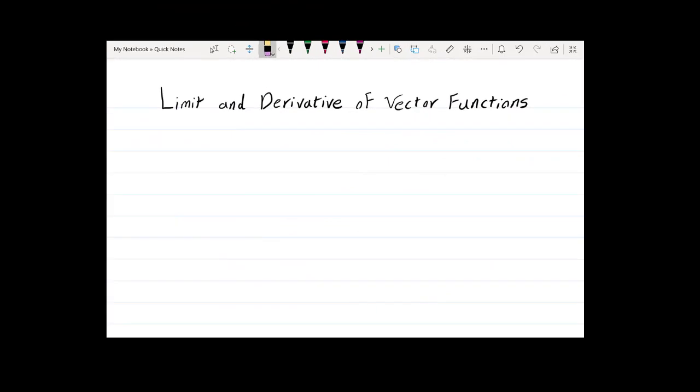Hi everyone. In this section, I'm going to speak about limit and derivative of vector functions. Let's start with the limit. Suppose r of t is a vector function which is equal f of t, g of t, and h of t.